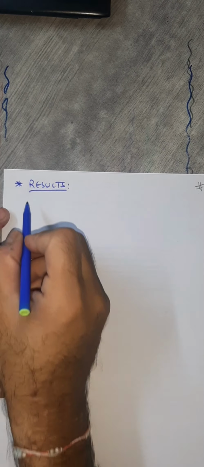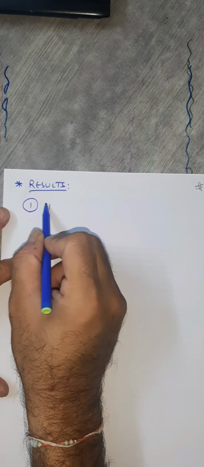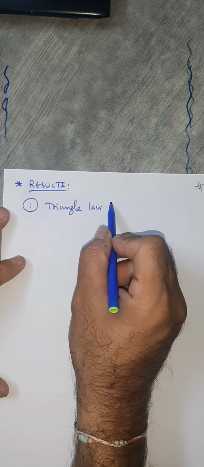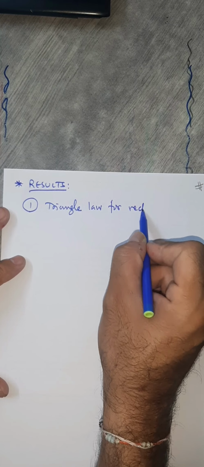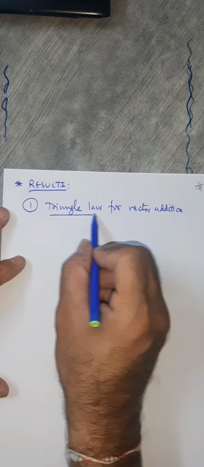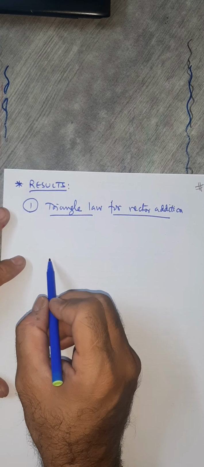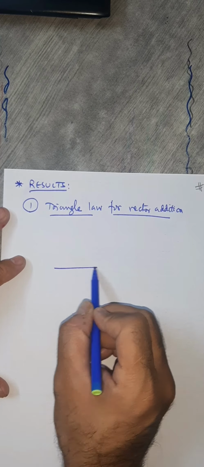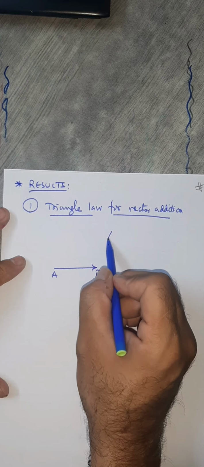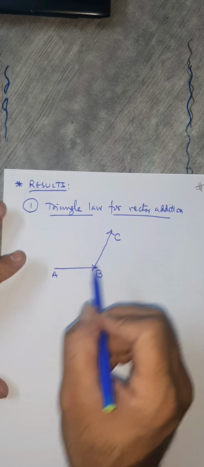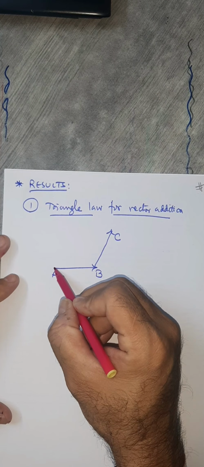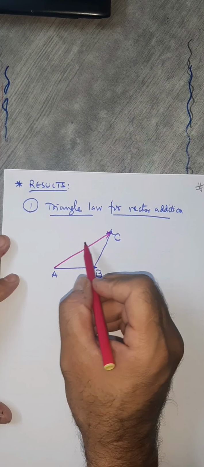Now let's see some riddles. The first one is the triangle law for vector addition. I'm sure you must know this, you might have used it even in physics. In a triangle, if I have one vector, let's say vector AB, and another vector BC, and I add these two, that's nothing but the vector AC.